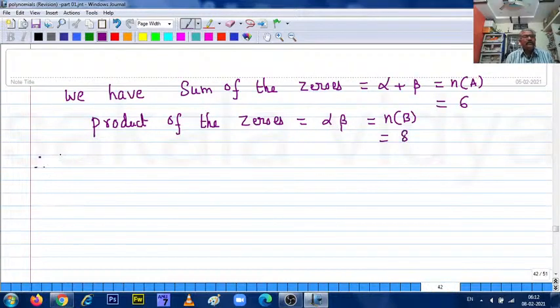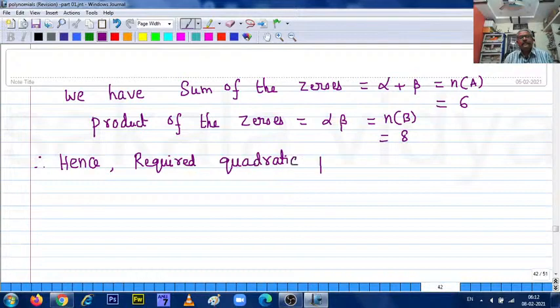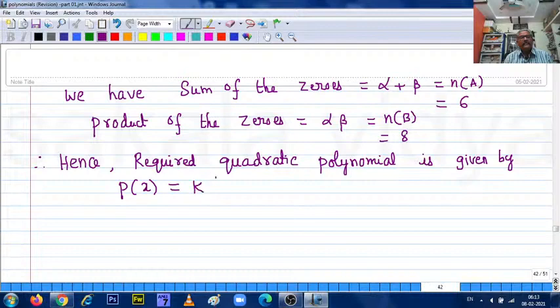Now we need to find the required quadratic polynomial, which is given by P of x equals to k times x square minus alpha plus beta into x plus alpha beta.